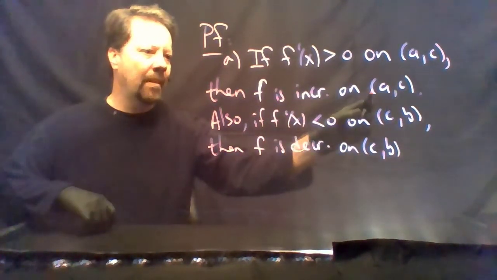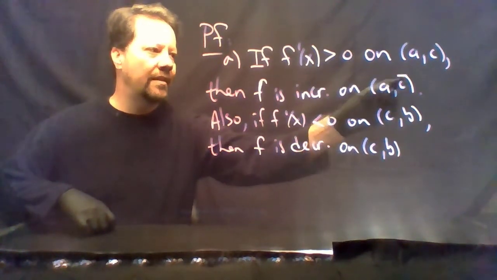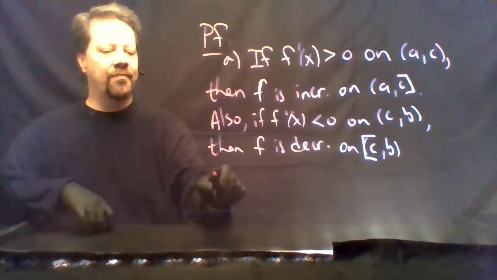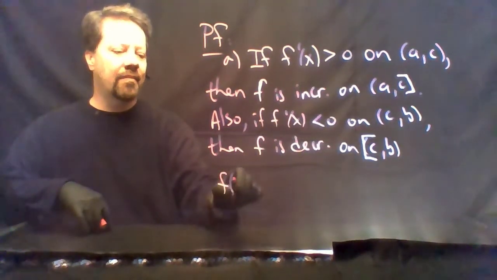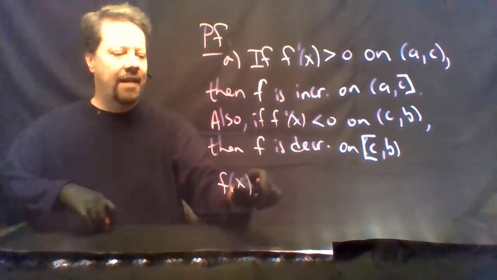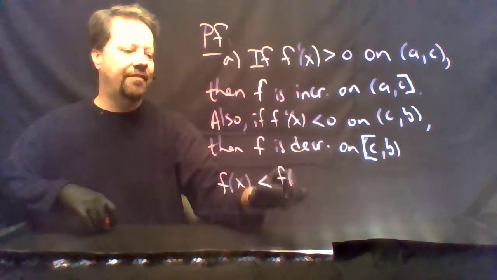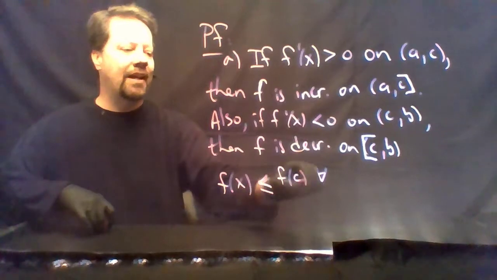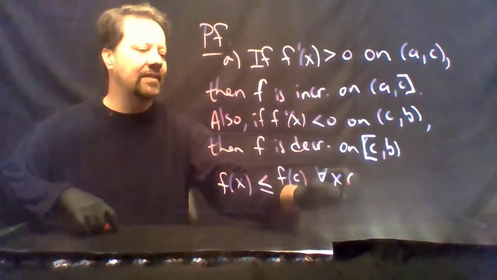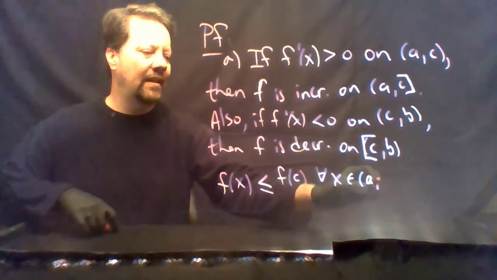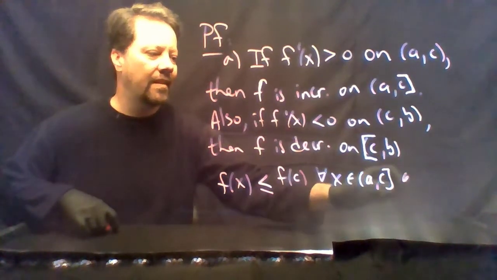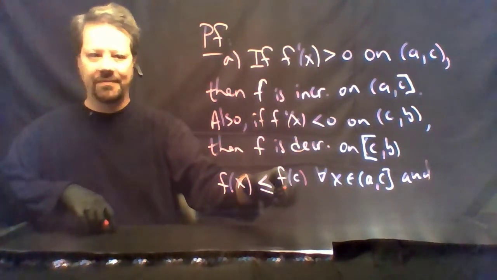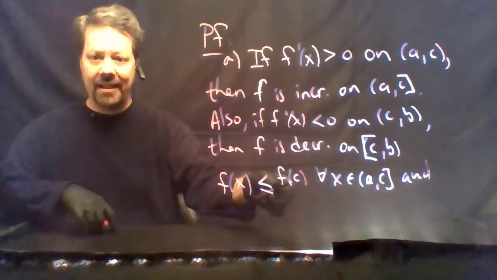In fact, we can include the point c on each of these. So we have f of x is less than or equal to f of c for all x between a and c, because we're increasing on that interval. So at the right-hand endpoint, you have to have the highest value.